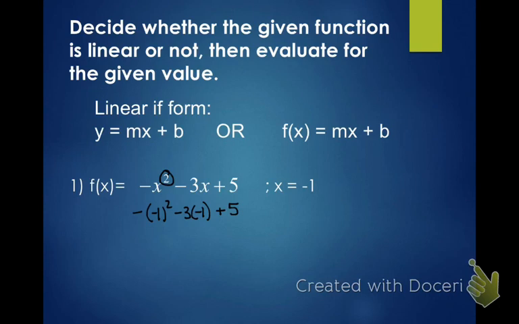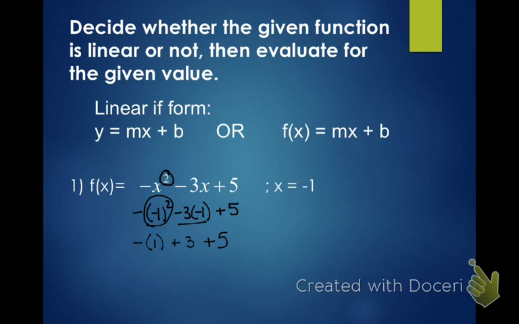So now, working with PEMDAS, right? Some of you, I think you made silly mistakes on the test. Do this part first. What's -1 squared? 1. So it's 1 in here. What's -3 times -1? Plus 3. And then plus 5.